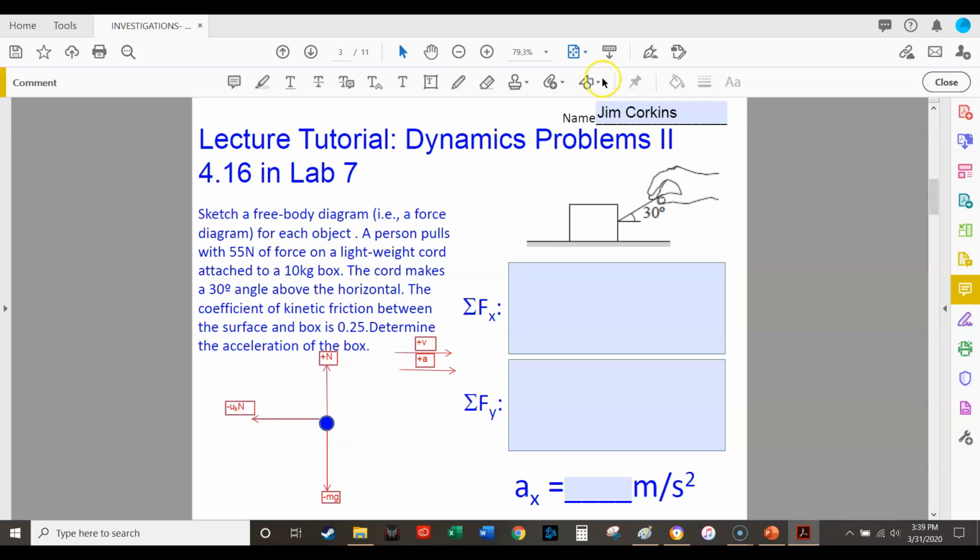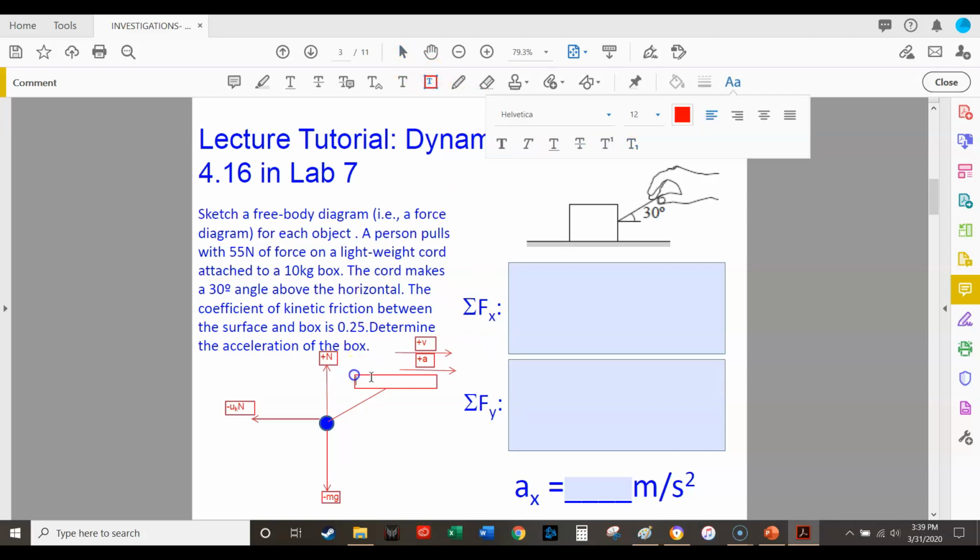Right? We have a force due to a string attached to the object, pulling it up and to the right at a 30-degree angle. So I'm going to label this tension T. I'm not going to put a plus or a minus to that.